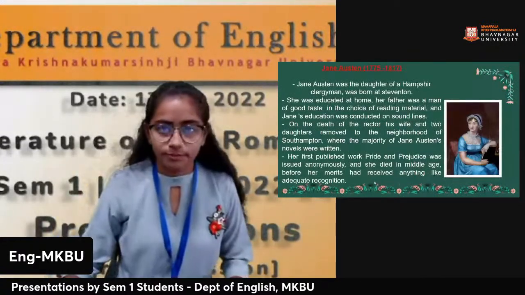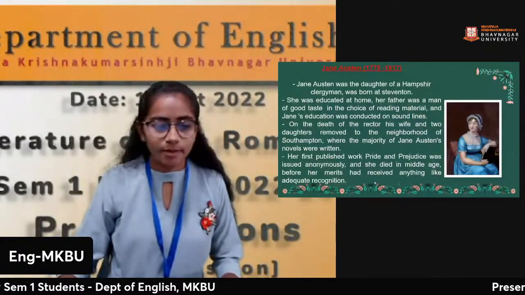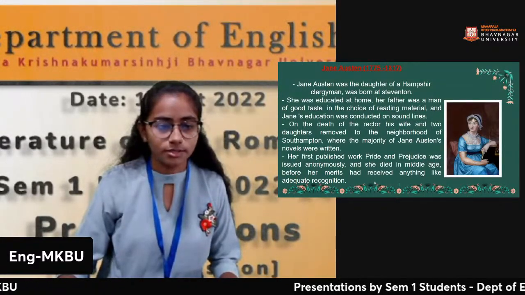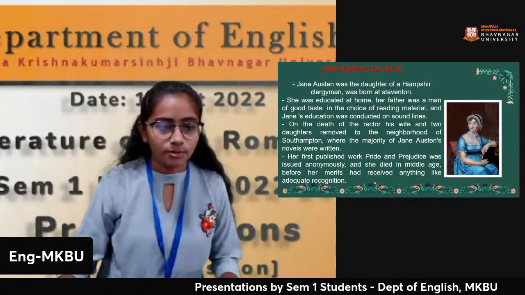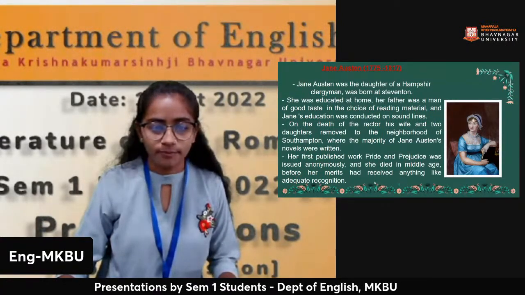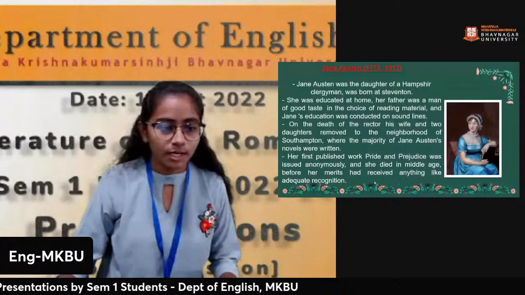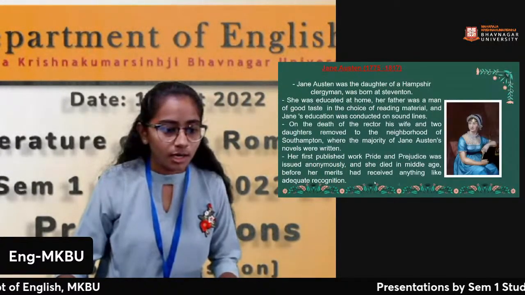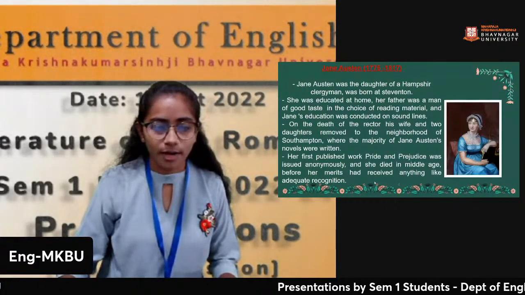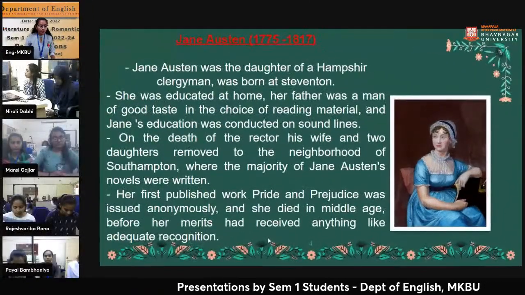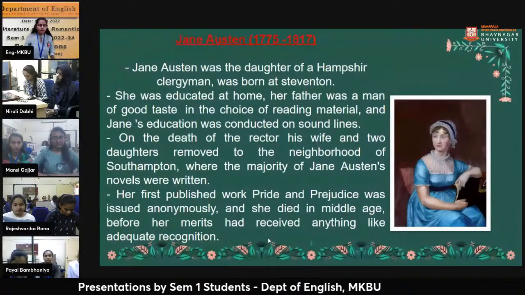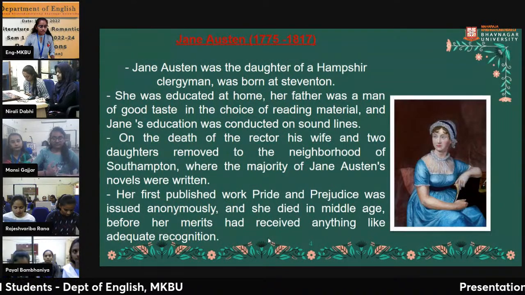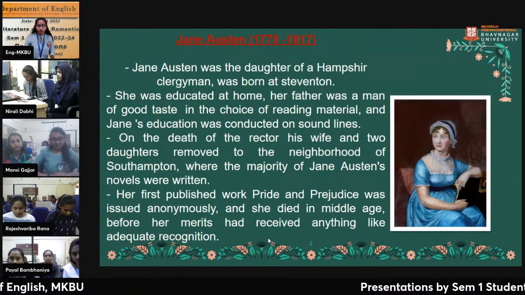Jane Austen. I would like to start my presentation with the writer of this novel, Jane Austen. Jane Austen was the daughter of a Hampshire clergyman and she was born at Steventon. She was educated at home. Her father was a man of good taste in choice of reading material, and Jane's education was conducted on sound lines.